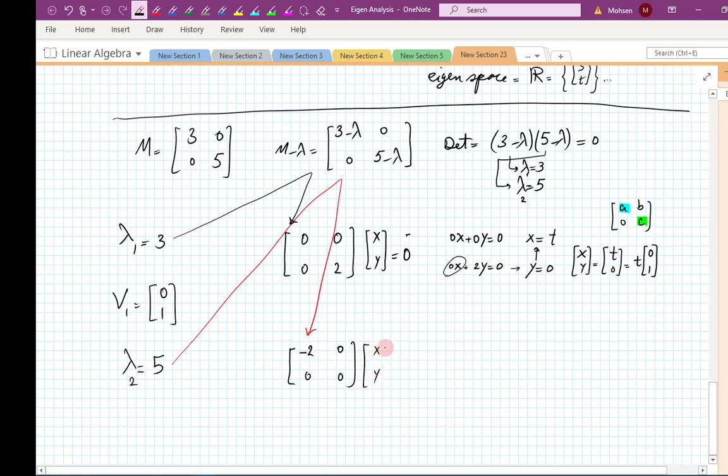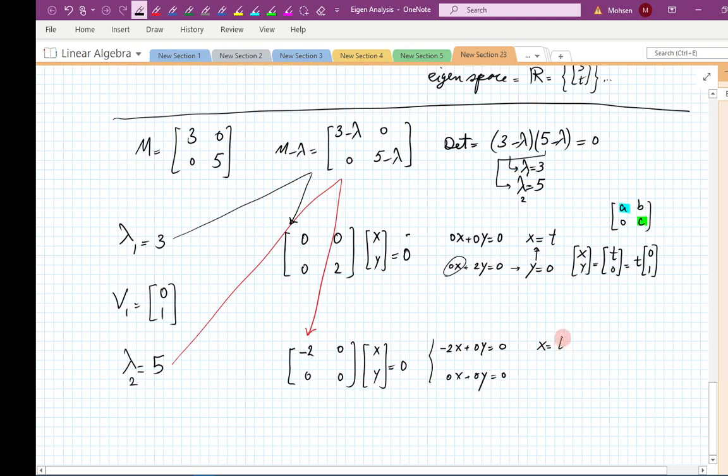To figure out what is the eigenvector, we find the null vector of this matrix. What is that? Minus 2x plus 0y is equal to 0. 0x plus 0y is equal to 0. Well, from the first equation we realize x has to be some parameter.